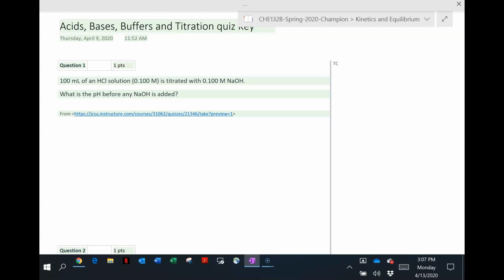Alright, so first of all we start off with a strong acid, strong base titration. Hydrochloric acid and NaOH are strong acid, strong base. If we're looking at the pH before any NaOH is added, well, it's very simple. The pH is going to be the negative log of the hydronium ion concentration, or the hydrogen ion concentration, and that's just going to be the negative log of the concentration of the HCl, because 100% of the HCl is going to react and form hydronium ion.